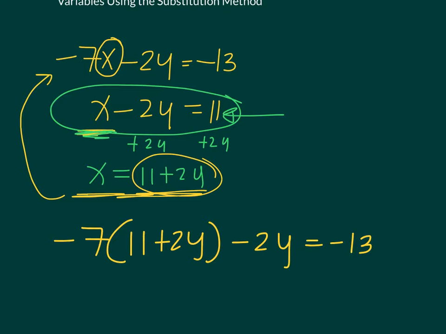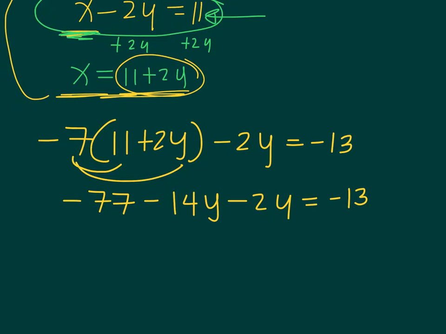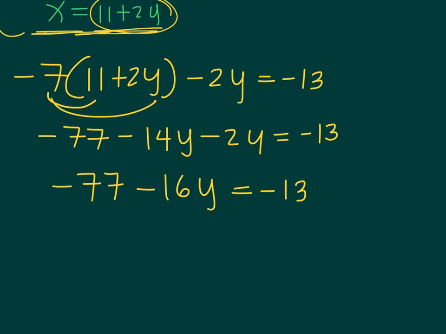So to continue, distribute properly. This is negative 77 minus 14y, copy minus 2y equals negative 13. And then this becomes negative 77, minus 14y and minus 2y becomes minus 16y, equals negative 13. Isolating the y, we have to add 77 on both sides.